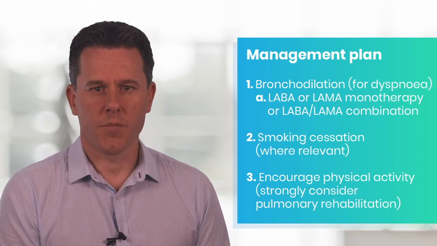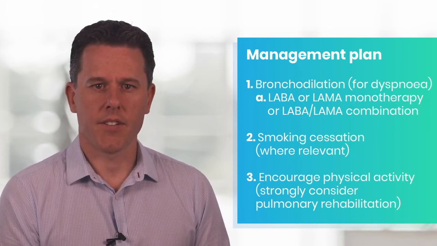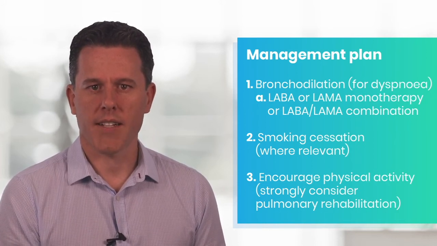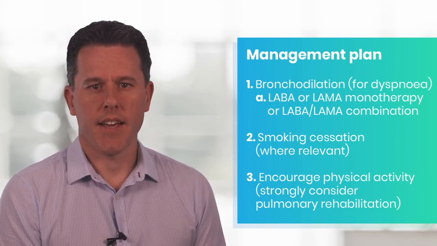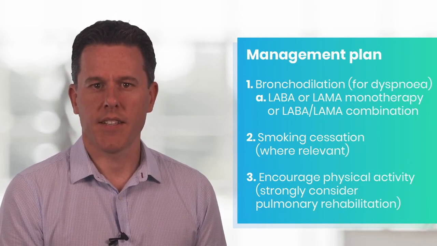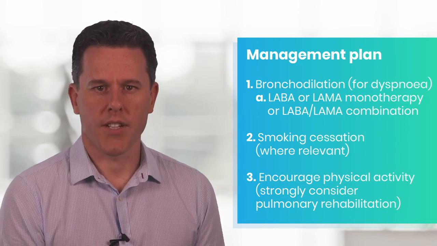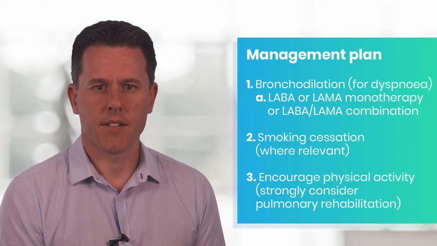They would also benefit from bronchodilation, and you could start with a long-acting beta agonist or a long-acting muscarinic antagonist, and if that provided some but incomplete response, you could use a dual bronchodilator or a LABA-LAMA combination.